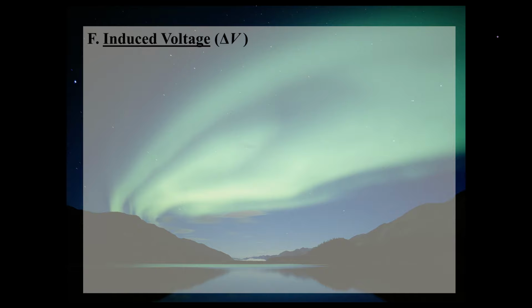Now, as mentioned at the start of the lesson, I know that it says in the program of studies only to do a qualitative explanation of induction. However, I find it's more helpful if you can see a mathematical equation, because the mathematical equation will also help you identify when induction occurs.